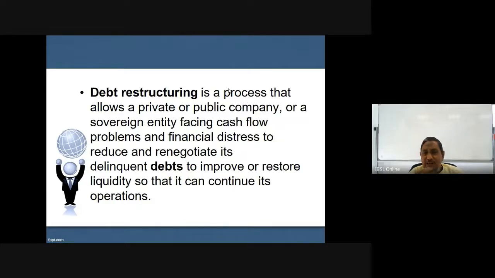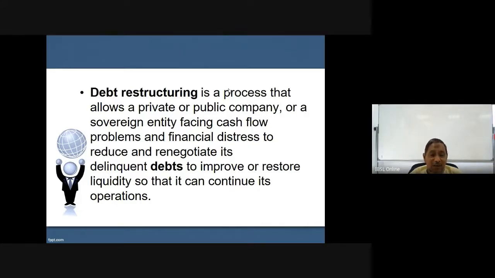We need this restructuring, not only businesses, even sovereigns. Sovereign means countries. It is a process that allows a private business, a public company, or a sovereign facing cash flow problems to restructure. We have a cash flow problem today. Our cash inflows are foreign exchange, and we have a problem there, and financial distress.